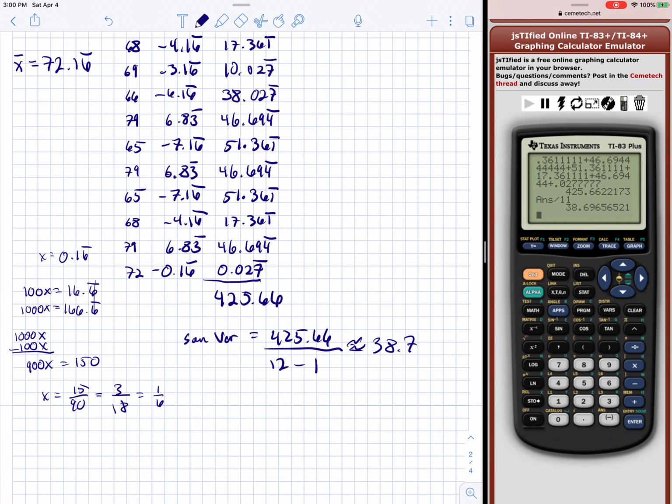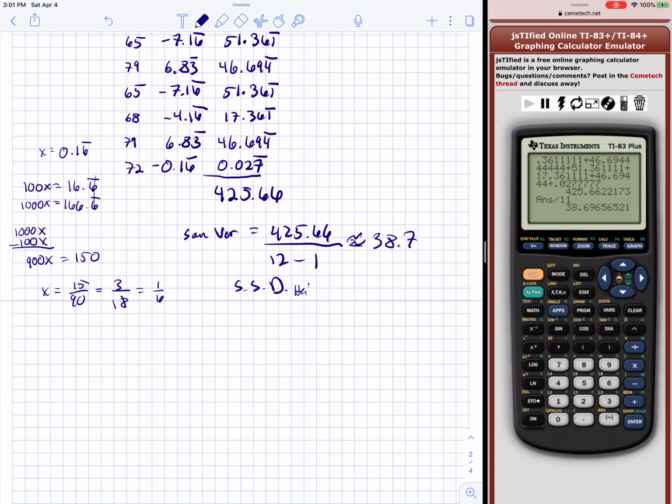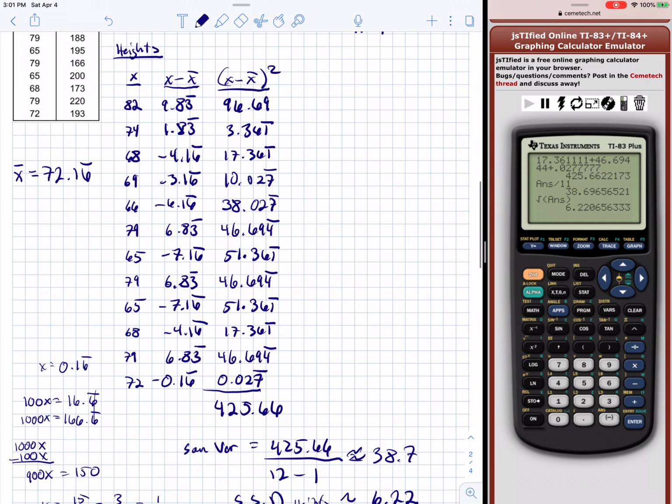And then for the sample standard deviation for the heights, we take the square root of that answer, 6.22. Okay, that was the sample standard deviation.